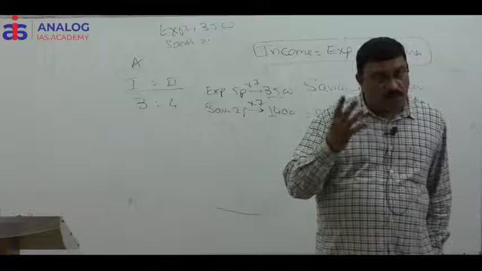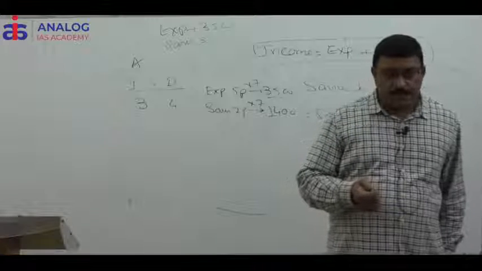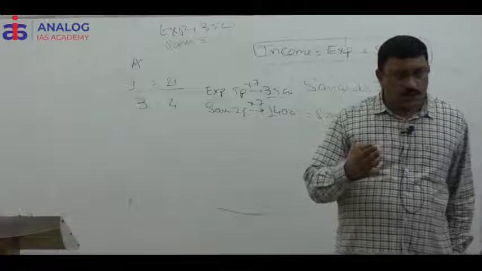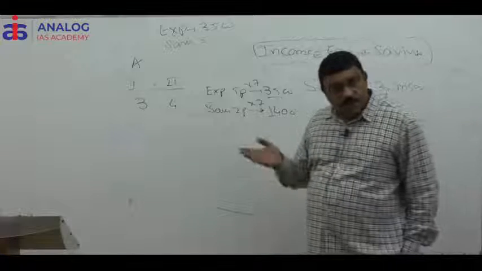Both the numbers are increased by 40 each. We need the ratio of those numbers after increasing by 40.